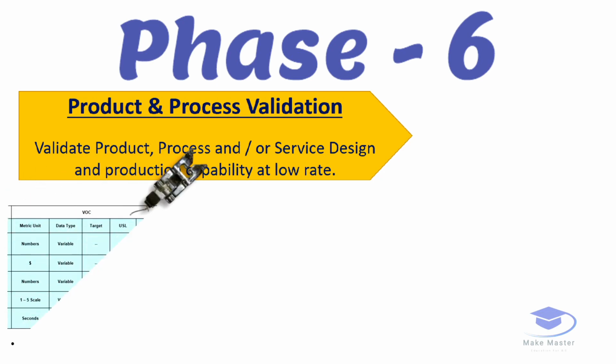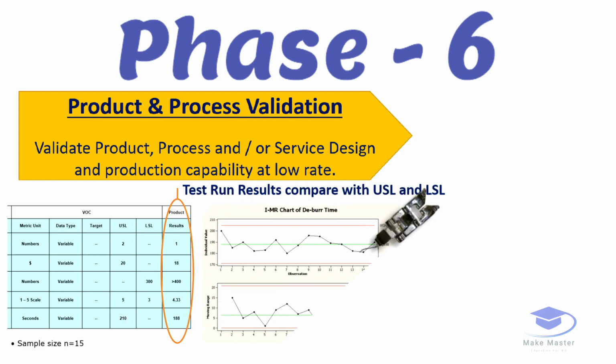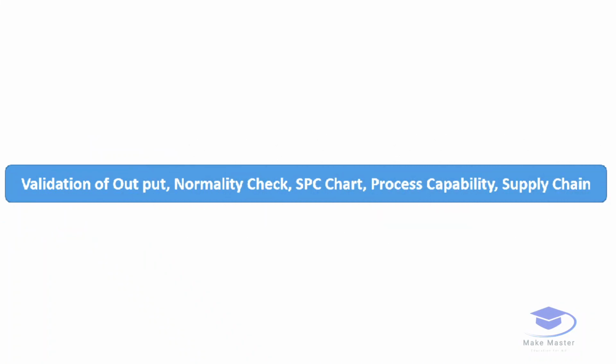In the previous phase, which is phase 5, we have done the test run, which is the pilot. The results are recorded here. The results are recorded in the design scorecard and compared with the USL and LSL, and it is checked whether they are within the limit or not. The tools used here are SPC charts and process capability.